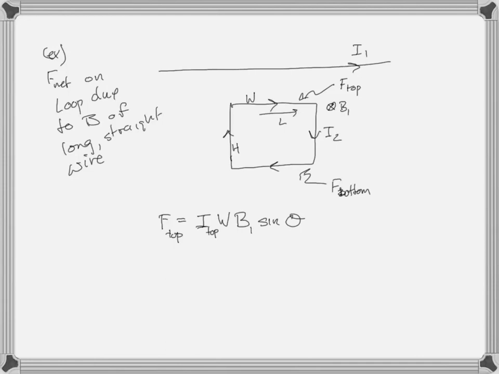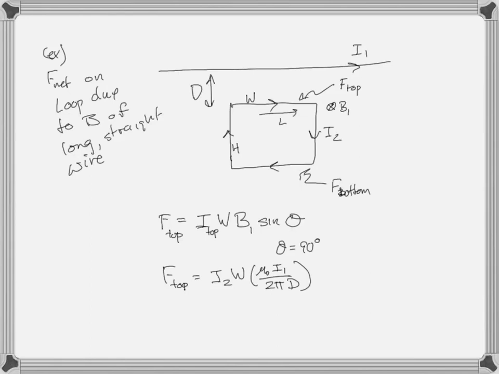So what's the angle between the current direction of that wire and B1? The angle is 90 degrees. So the magnitude of the force on the top is equal to I on the top, which is I2, times the length of the top, W, times B1, which is mu naught I1 over 2 pi D. Again, I didn't write the D here, but this was D. So that's the force on the top wire.